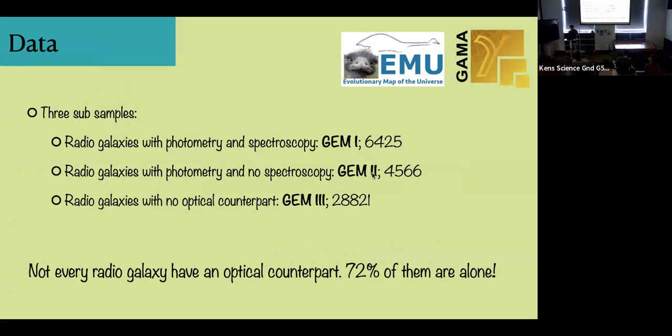GEM2 corresponds to the radio galaxy sample with photometry, but not spectroscopy. So there is no redshift for GEM2, but we have additional photometric values coming from GAMA. GEM3 is the sample without any optical counterpart. If you look at the numbers, 72% of the radio galaxies do not have an optical counterpart. They are basically alone. They might be okay with it, but I'm not.